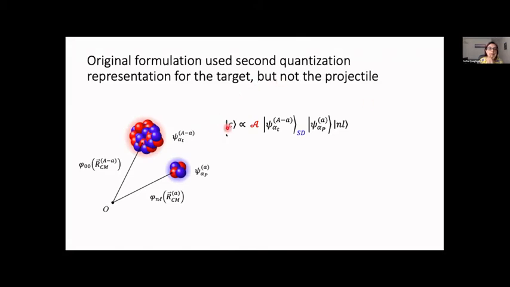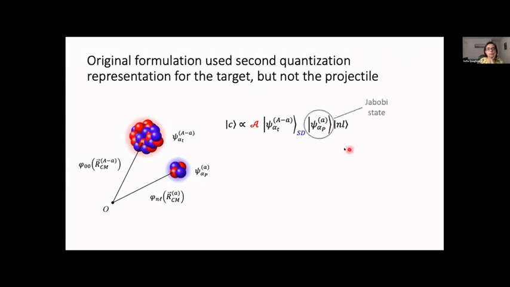I have briefly denoted the C here, what I was calling before the channel basis. So now if we work with this type of single particle wave functions, in the past, what we have done is that we have used no-core shell model solutions in second quantization representation, so Slater determinants, to represent the target with this zero motion of the center of mass.